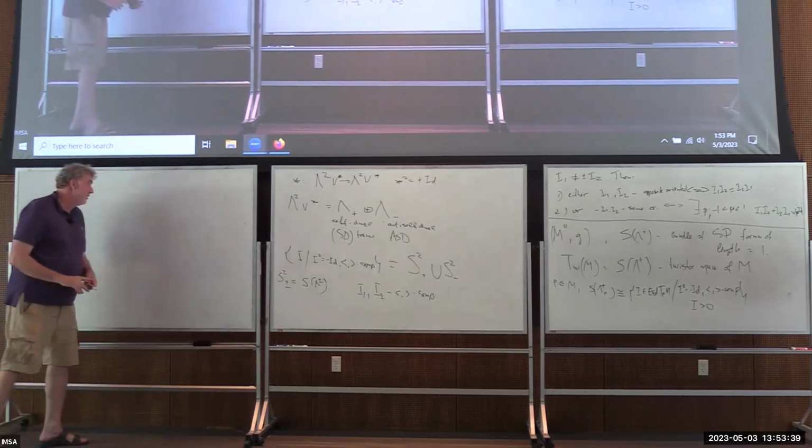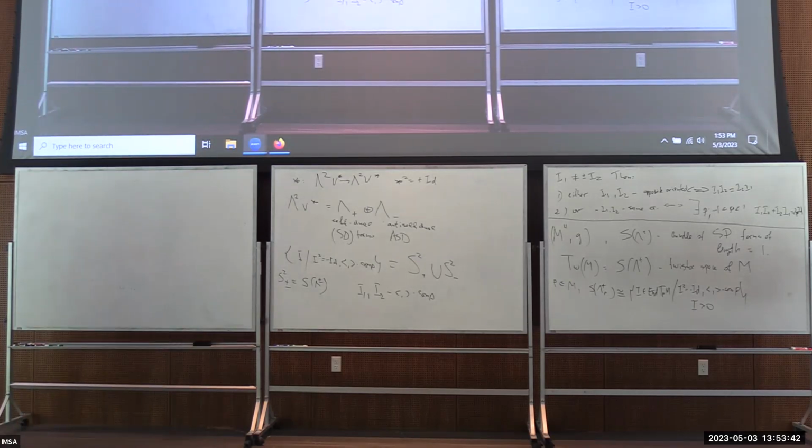Now, in particular, the first thing to notice is that any almost complex structure is fixed on any section.